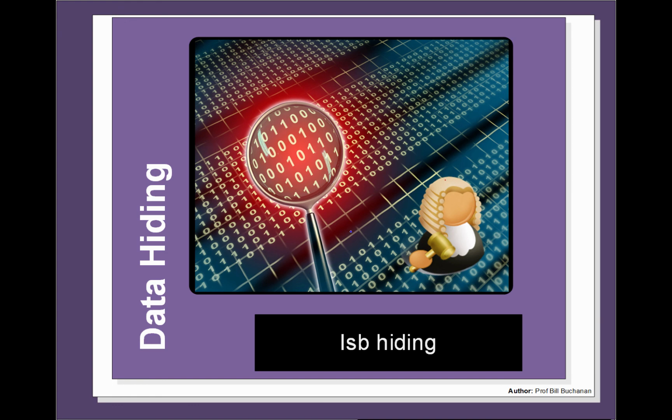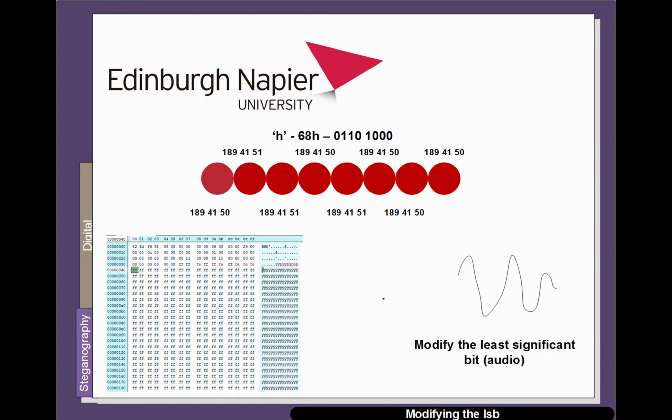Another typical method that's actually used is what's called least significant bit hiding. With this, your eye really isn't very sensitive to small changes of colour. So colour is typically made up of R, G, B. Each one is 8 bits from a value of 0 to 255 or 0 to FF hex.